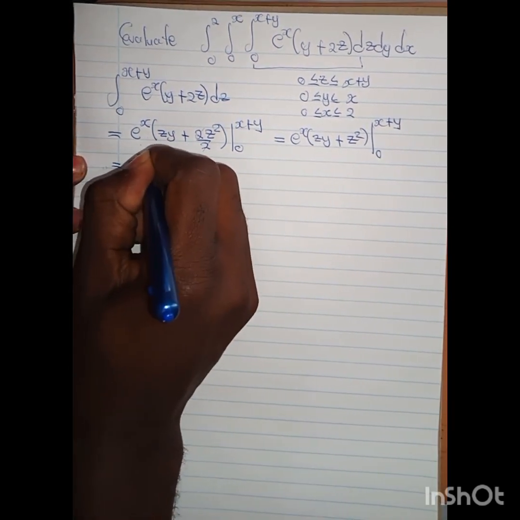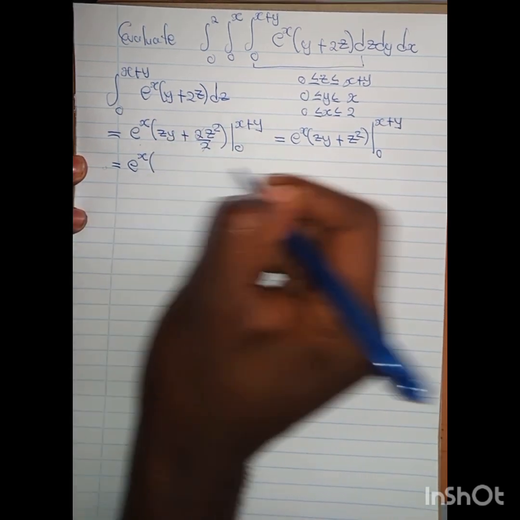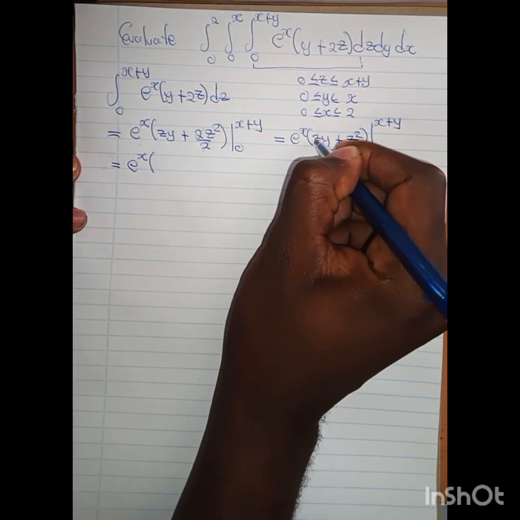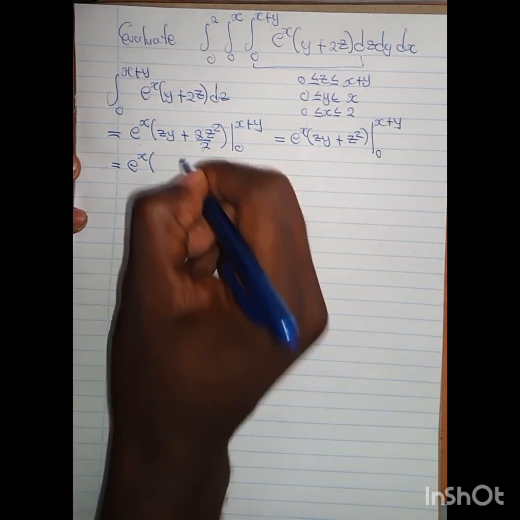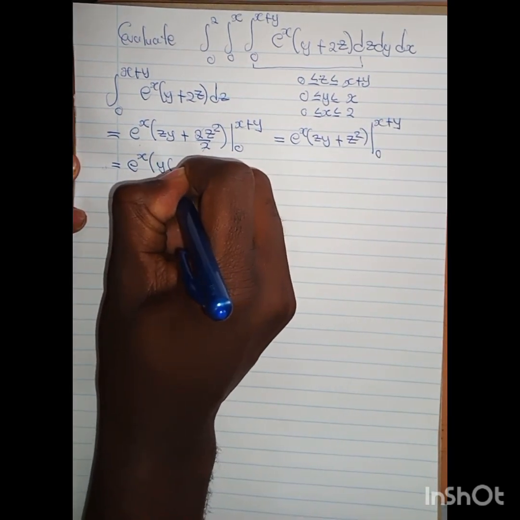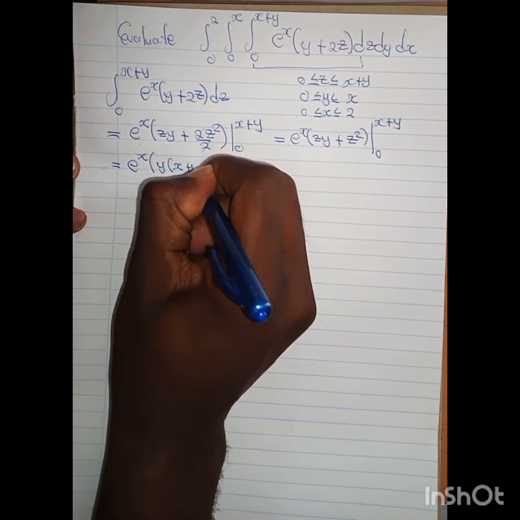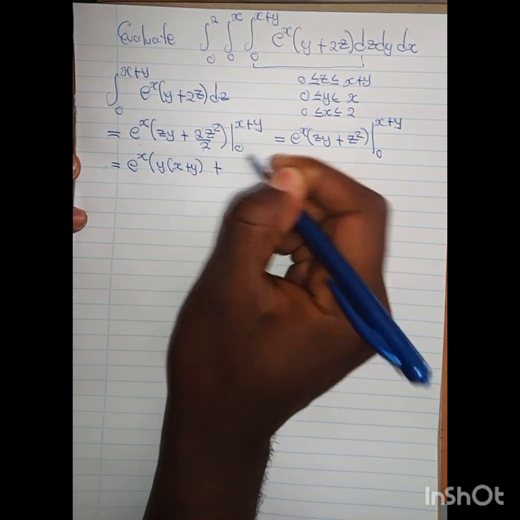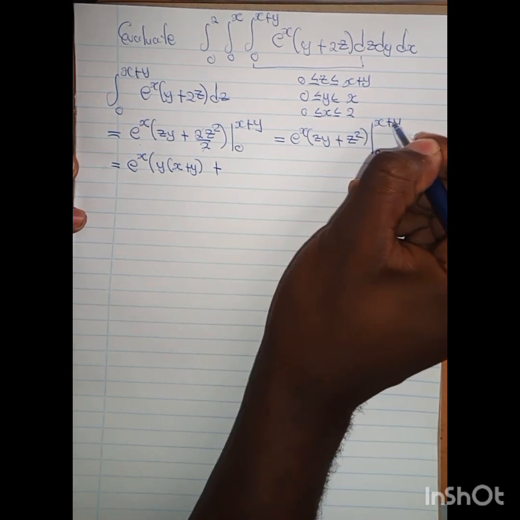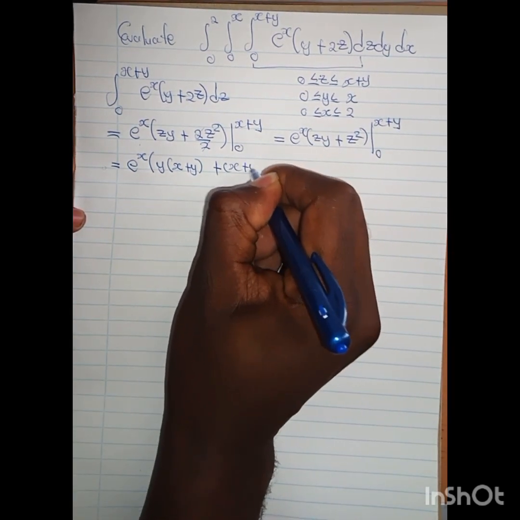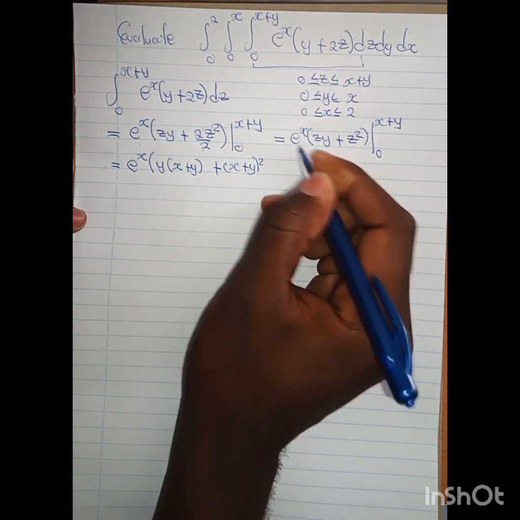We have e to the x, and then inside we have y times z, which means that where there is z, we substitute the upper limit first. So we keep y, and where there is z, we put in x plus y, plus z squared, where we substitute x plus y all squared.